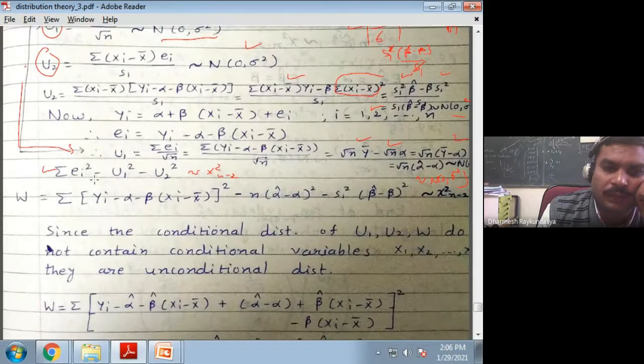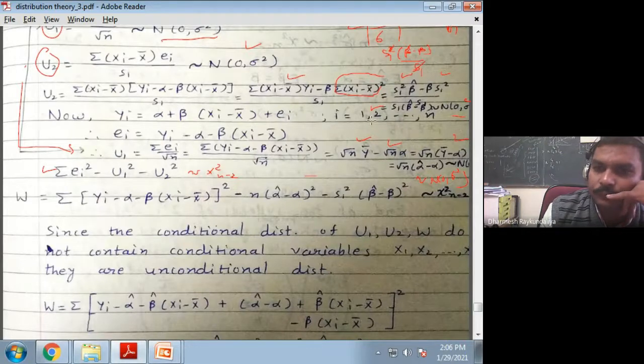But what is exactly that form? So we try to obtain it. What is W? ei is nothing but yi minus alpha minus beta xi minus x bar, and this is squared, minus u1. U1 you have obtained as root n alpha cap minus alpha, so if you take the square, it is n into alpha cap minus alpha square.